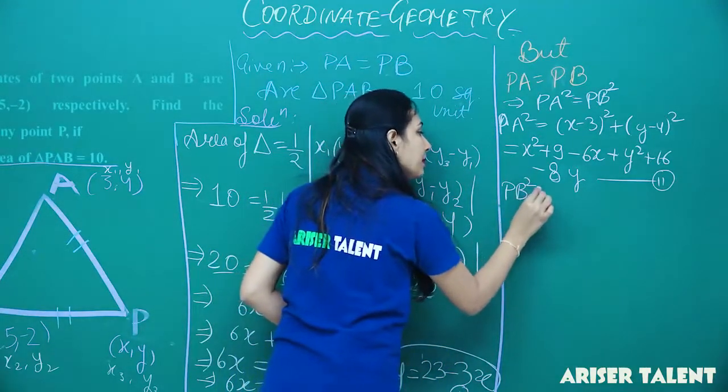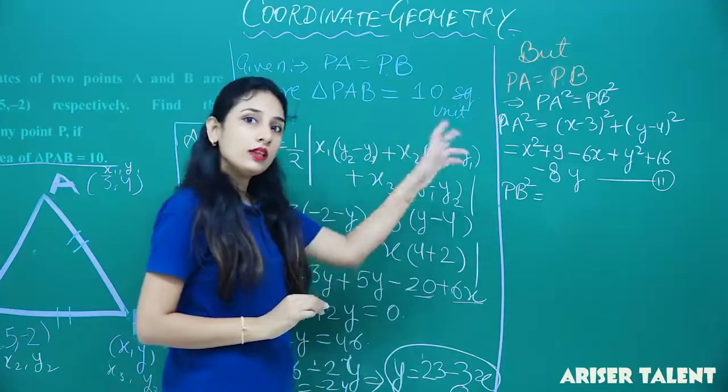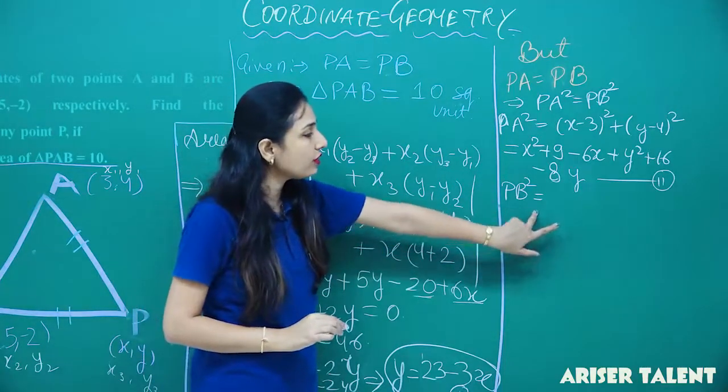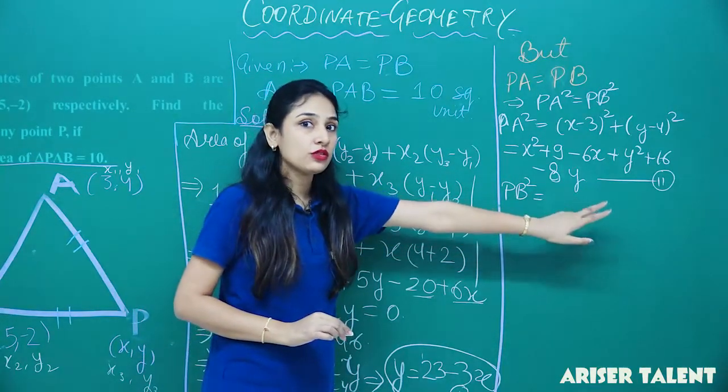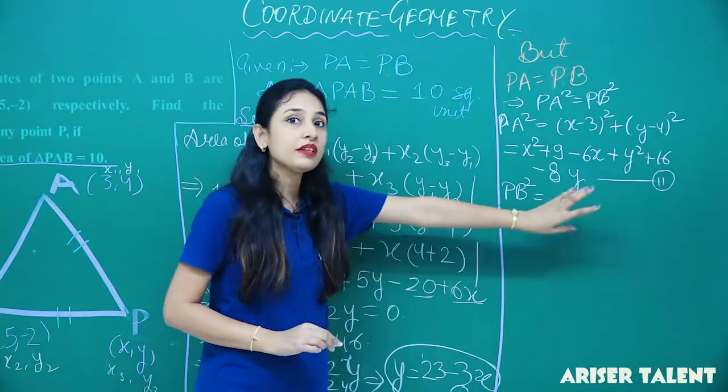Similarly, what will PB square equal? PB should always equal root of x1 minus x2 square plus y1 minus y2 square, the same distance formula.